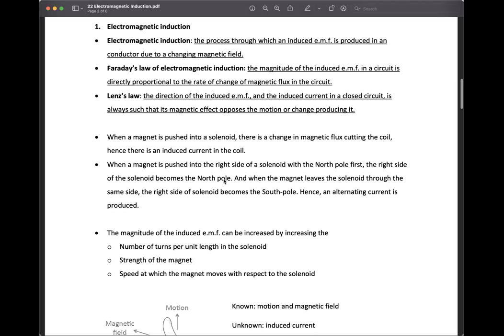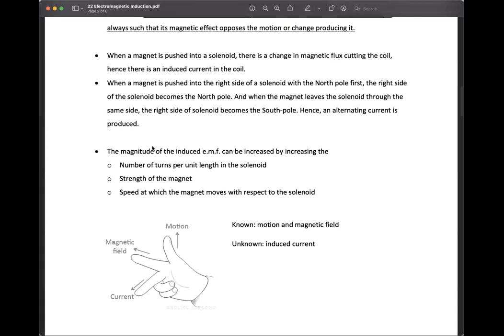So what's happening is this. We talk about the first one first. When a magnet is pushed into a solenoid, there is a change in magnetic flux cutting the coil. Hence, there is an induced current in the coil.